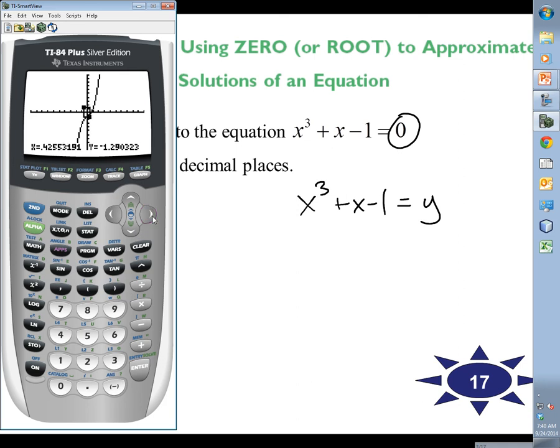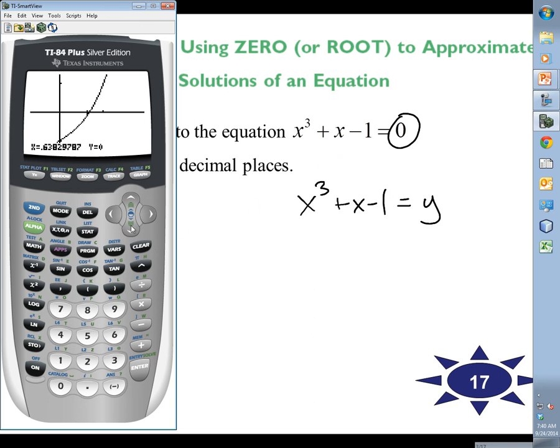And I'm going to move down and to the right until I create a rectangle that encloses the point I want to look at. And when I hit enter, we're going to zoom into this rectangle. So it's a nice way to zoom into exactly where you want to go. I hit enter. We're closing in. All right, so right there clearly is where we cross the x-axis. That's our 0. So that's going to be the solution to this equation.